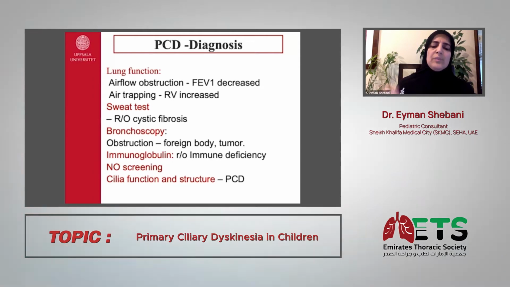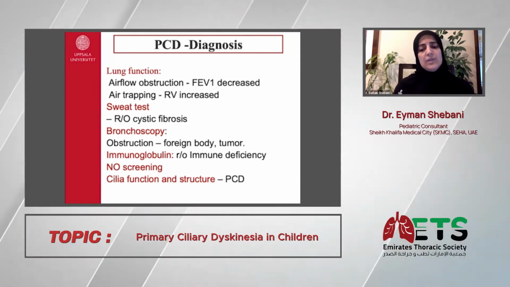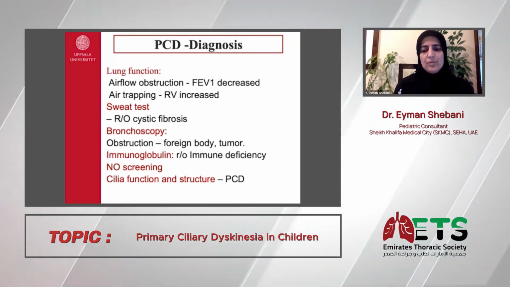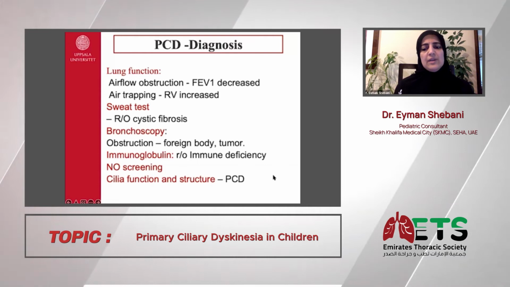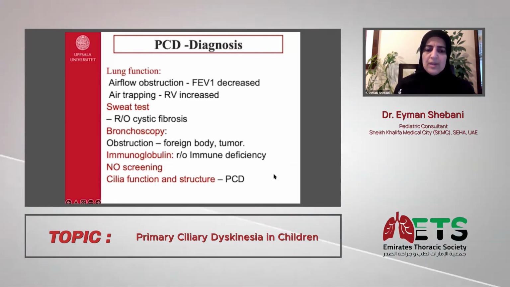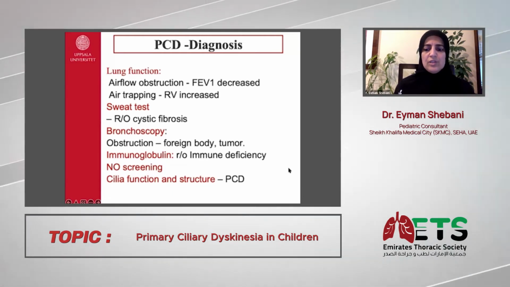Then it is put in a certain medium to be sent for further testing when it comes to looking at the structure. It has to go through several procedures to be able to visualize the cilia under the transmission electron microscope. So that's how the diagnosis was usually done.